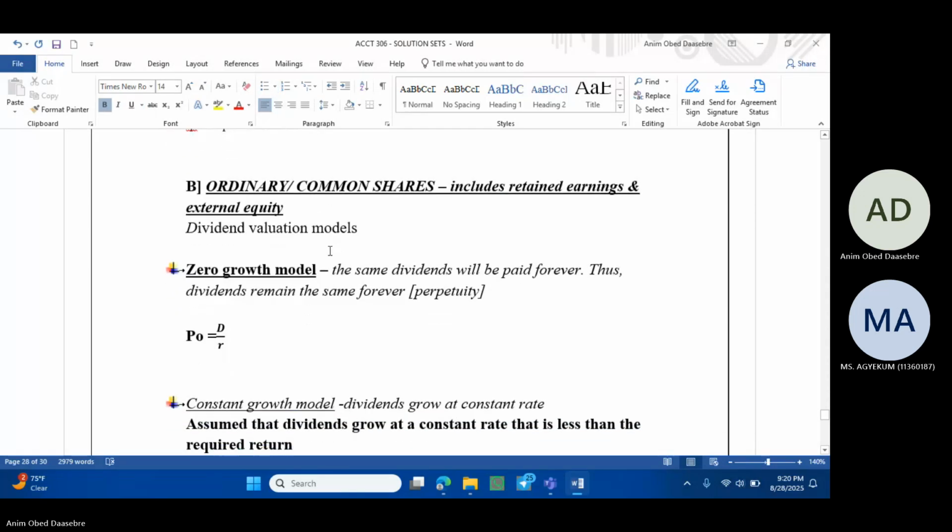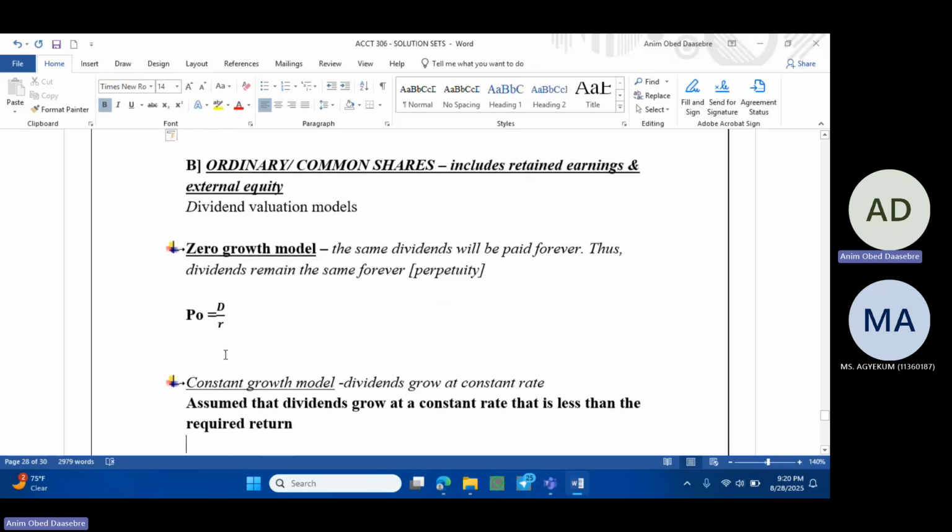If there is no growth in the dividends, such that the same dividend is paid forever, we use the perpetuity approach. And that one is pretty straightforward, like the one we did for the preference share. The annual ordinary dividends divided by the rate, then you are good to go.